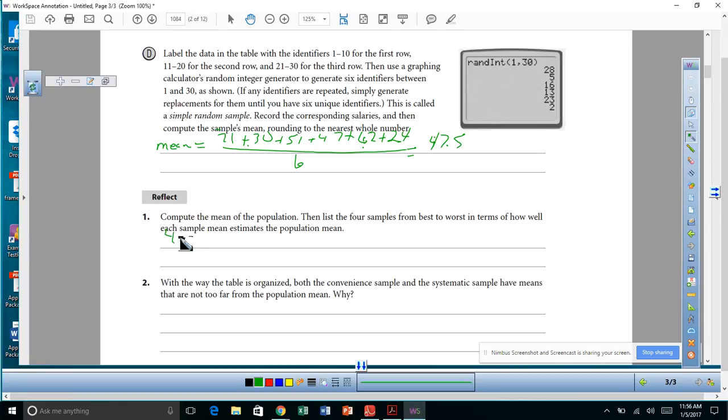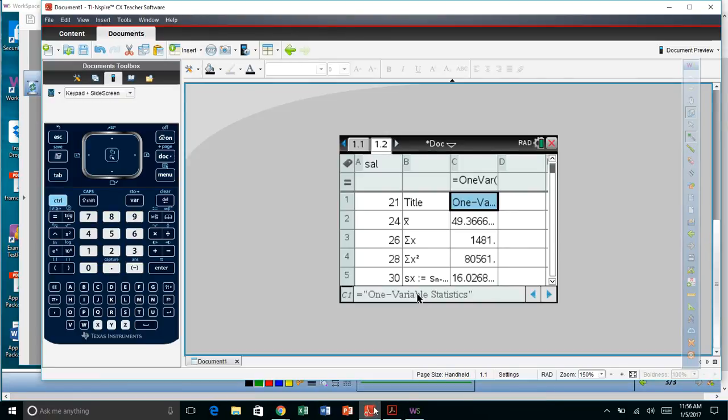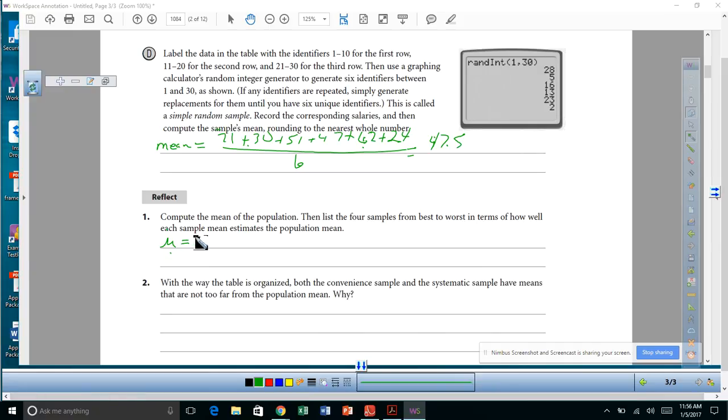So the mean is 49.366. And we'll just say 49.4. All right.